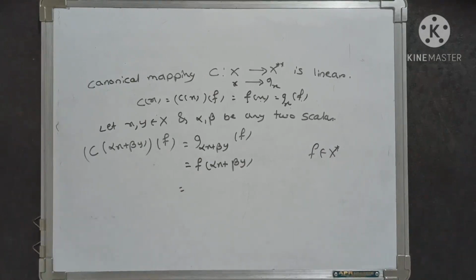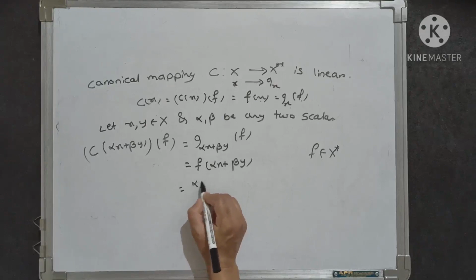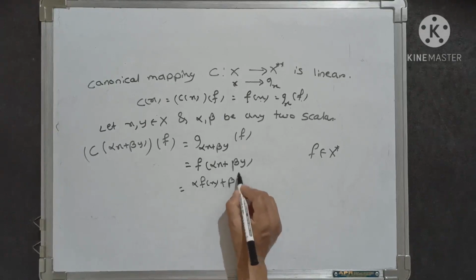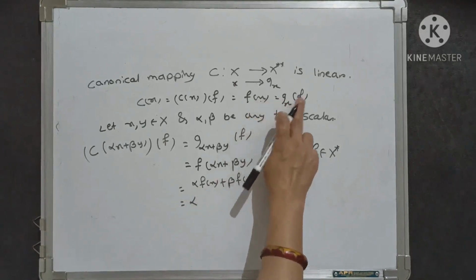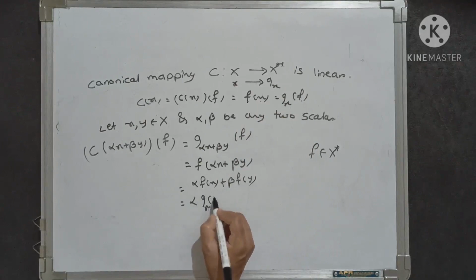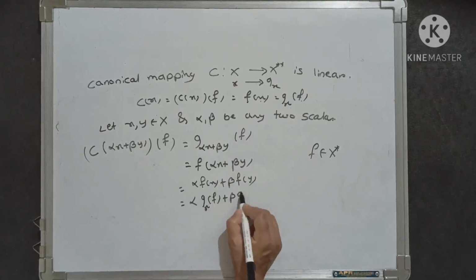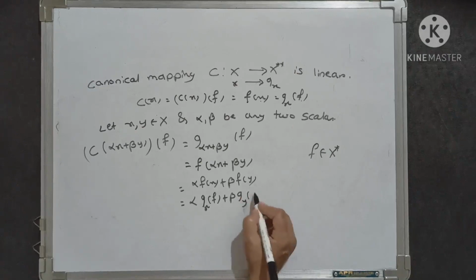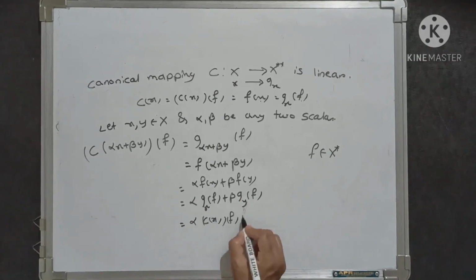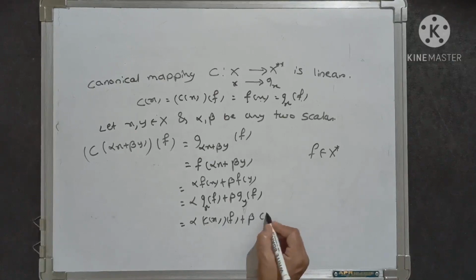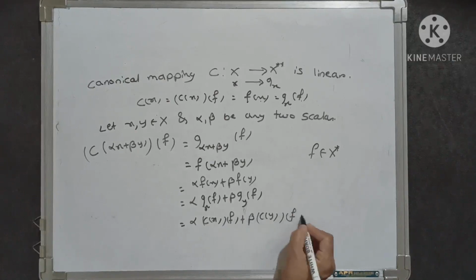X star is the vector space of all linear functionals on X. Therefore f is linear, and therefore we get that it is equal to alpha f of x plus beta f of y, and it is equal to alpha into f of x, meaning Gx of f, plus beta into Gy of f, but it is nothing but alpha into Cx of f plus beta into Cy of f.